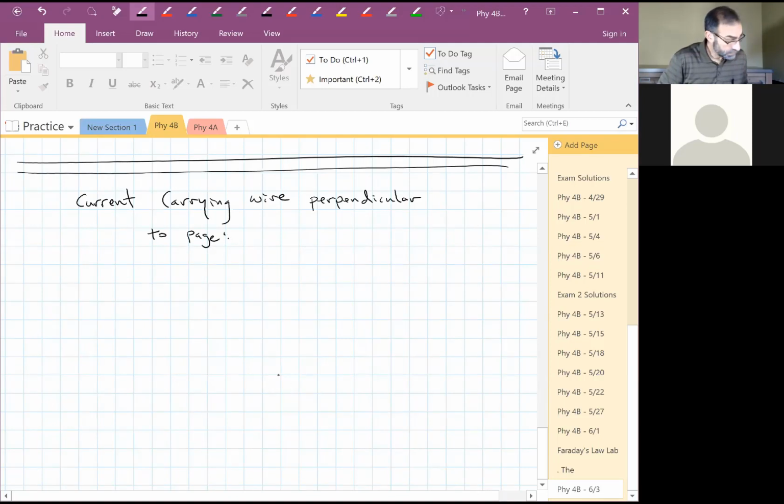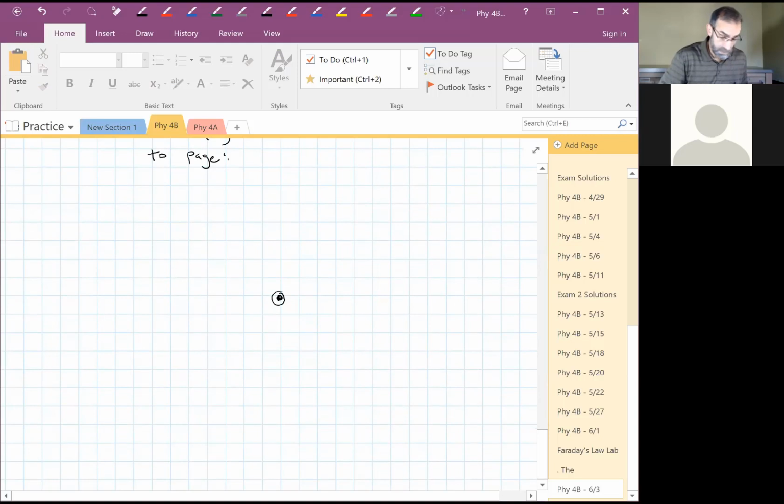Let's put it right here. Here's our current. So we're going to get a magnetic field that forms around it. There's going to be a line right there.